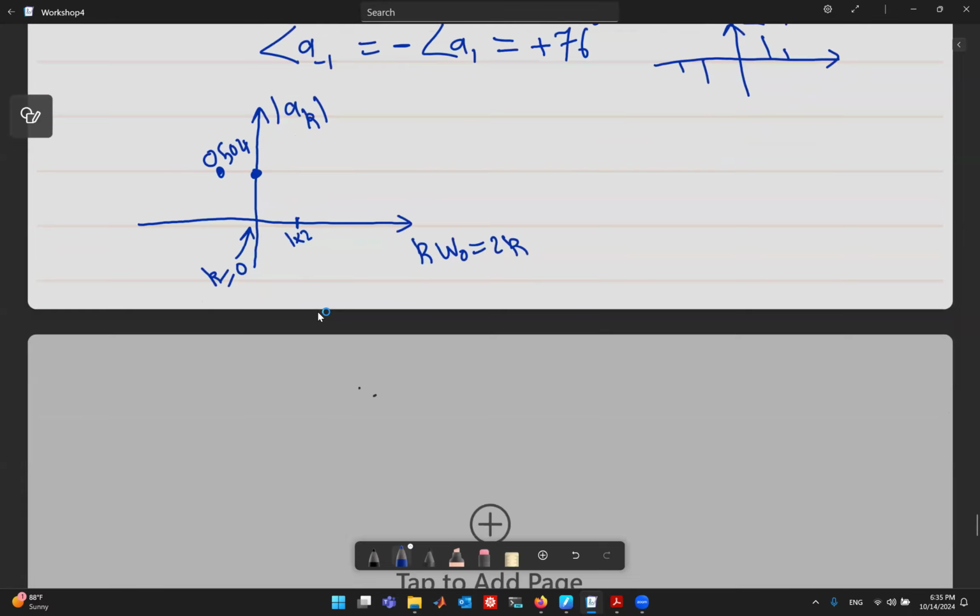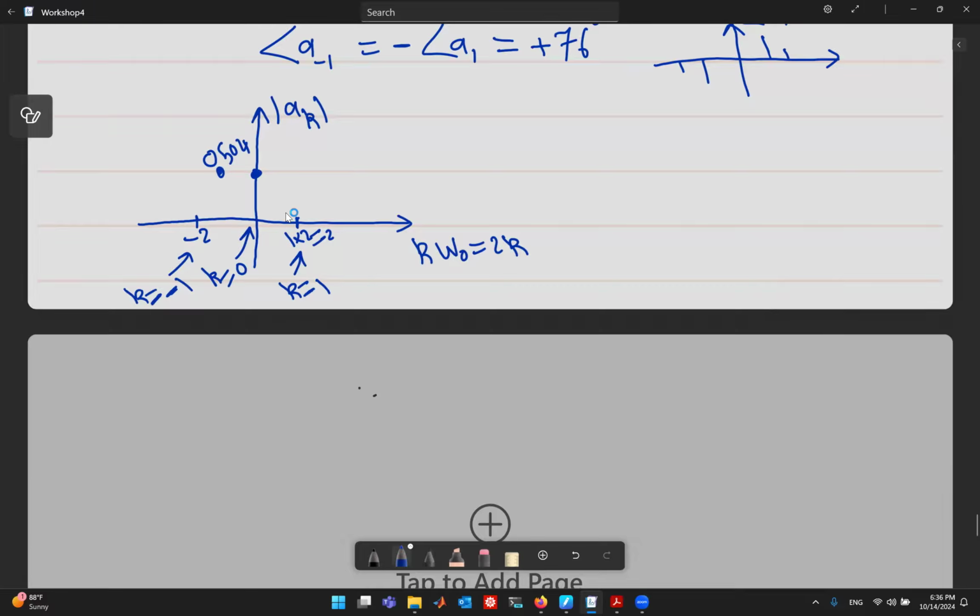When k equals 1, we have 1 times 2, which is 2. And when k equals minus 1, if we plug in minus 1 here, we get minus 2.